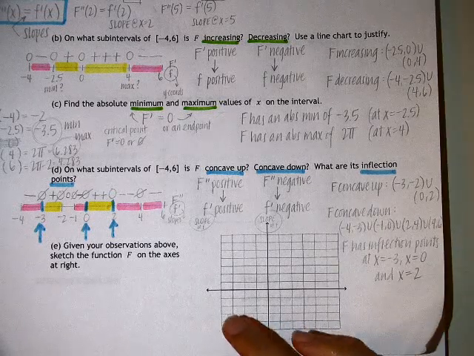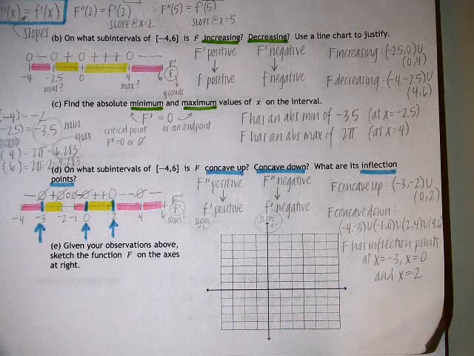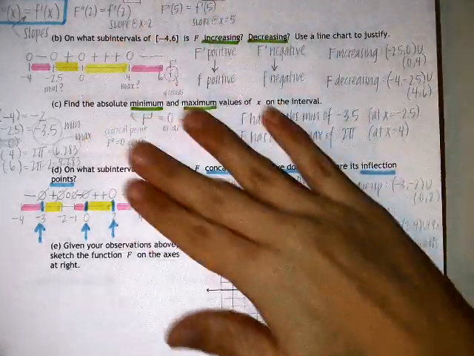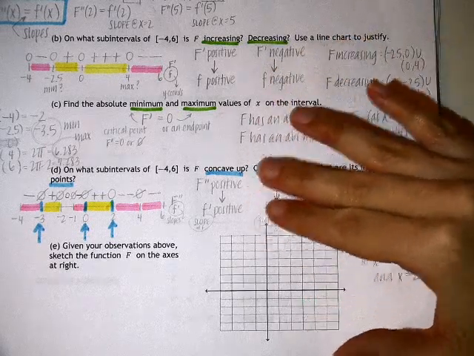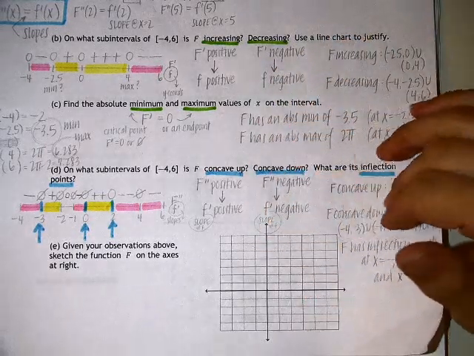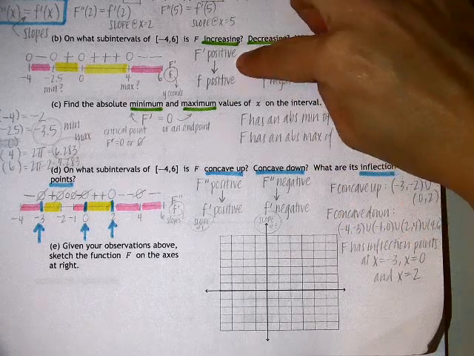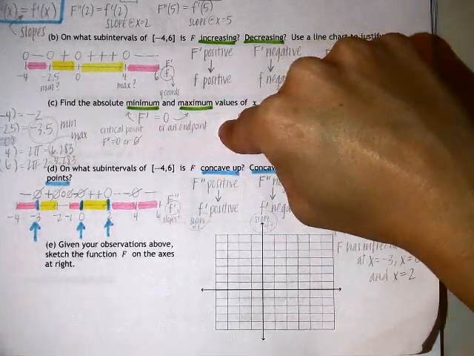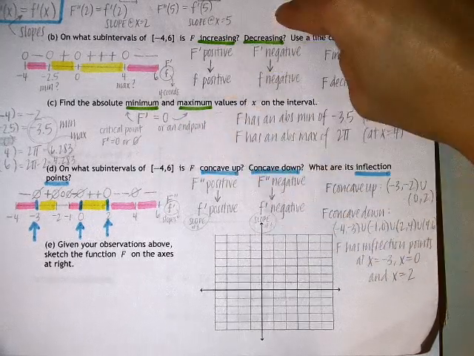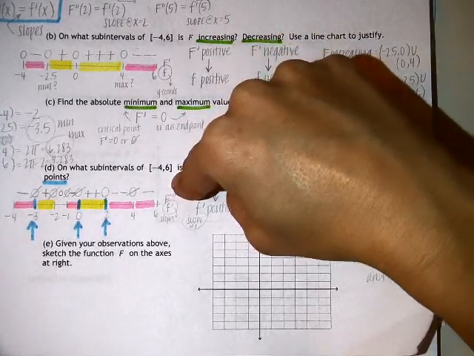Now, in the last example, we're going to talk about what big F should look like. So make sure that you understand now what all of our answers from B, C, and D are really telling us about big F. What is increasing and decreasing telling us about its shape? What do its min and max tell us about those peaks, highs, and lows, if you will?